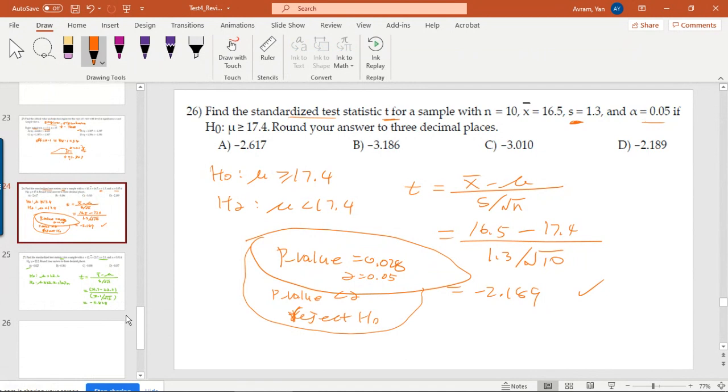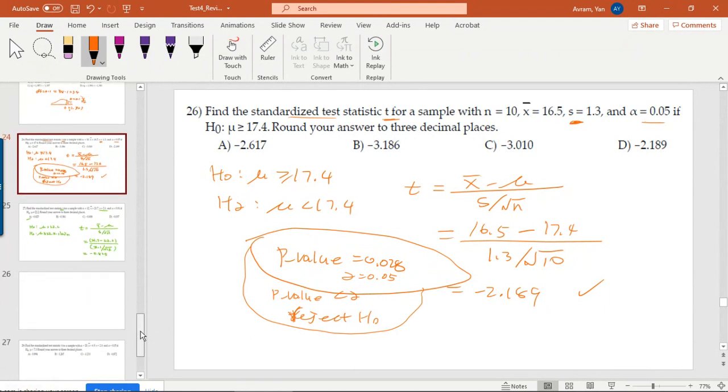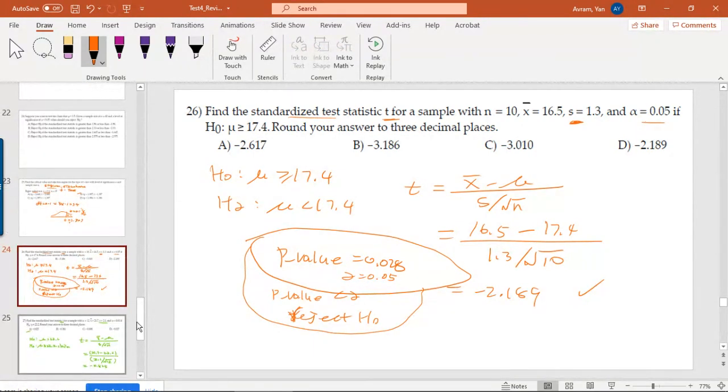As you can tell, there's a lot of new concepts in chapter 7. So make sure you go through the concepts first, and then maybe come back to review the questions a little bit more after you read the textbook and understand some more concepts, and it will make much more sense later on. But I already showed you all the key concepts and key calculations, including the calculator as well.